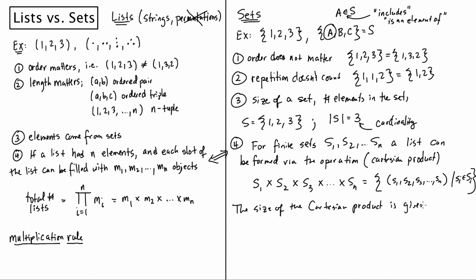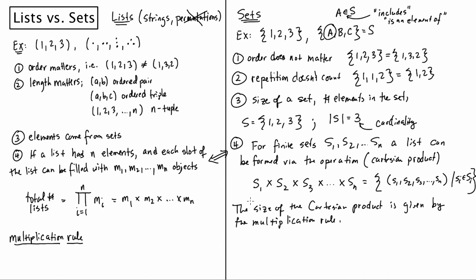It is given by the multiplication rule. The Cartesian product is the set of all possible lists that can be formed, found by figuring out how many things can go into each slot. If you look at S1, how many things can go into the slot for S1? There are as many as there are elements in the bigger set S1, however many elements it has.